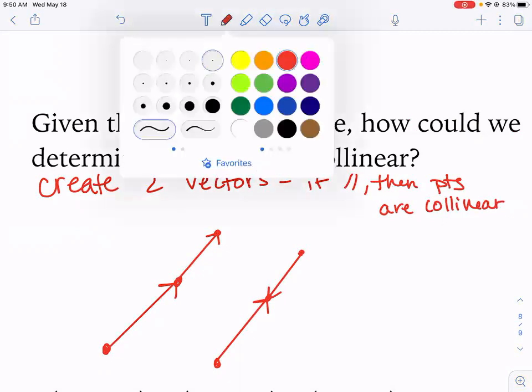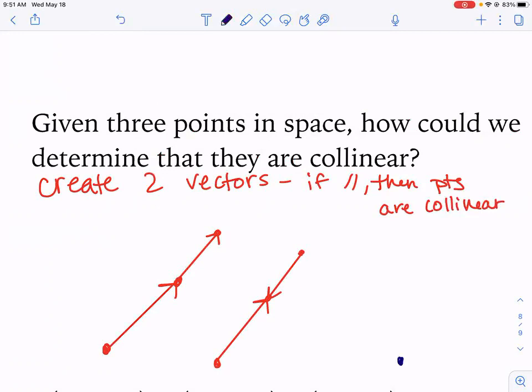But if we have three coordinates and our two vectors are not parallel, they're not going in the same or opposite direction, then our points are not going to be collinear. Okay, so our vectors are a way of determining three-dimensional slope, if you will.